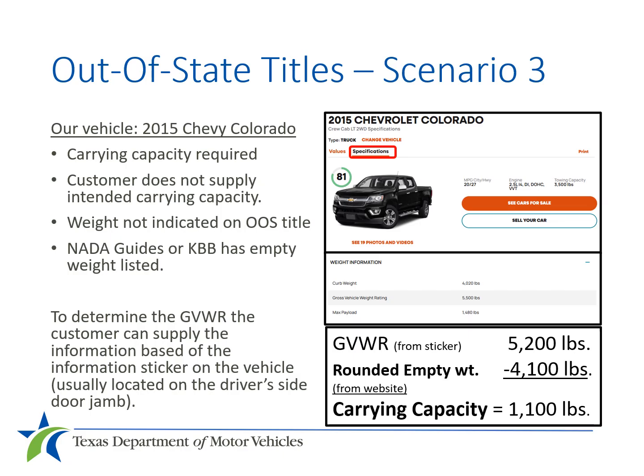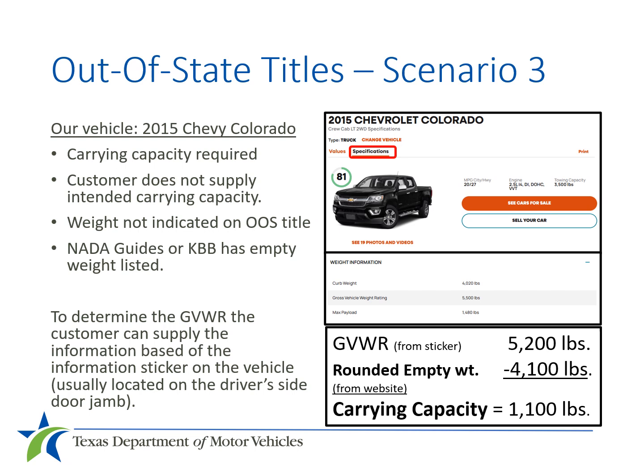For this example, the customer was able to supply the gross vehicle weight rating based on the sticker, which is 5,200 pounds. If you look at the bottom right of our slide, you will see the equation to determine the carrying capacity. We would take our gross vehicle weight rating from the information sticker, which is 5,200 pounds, and subtract the rounded empty weight from the website, which was 4,100 pounds.